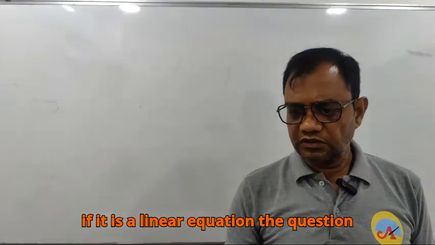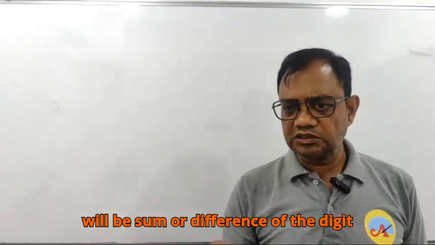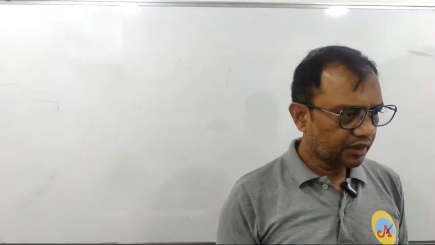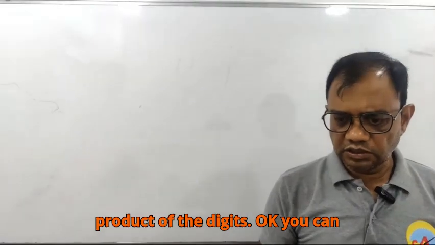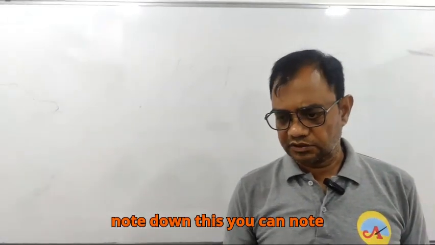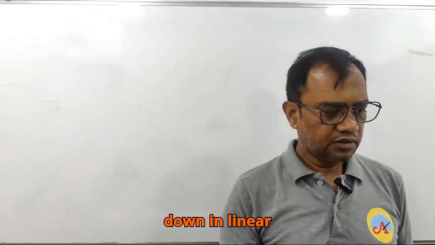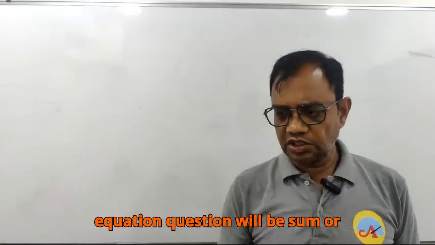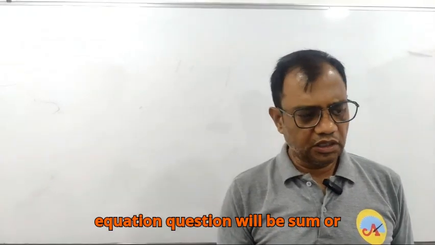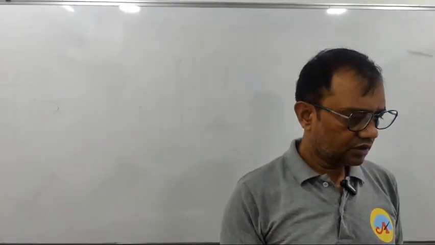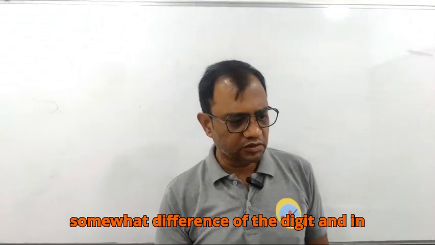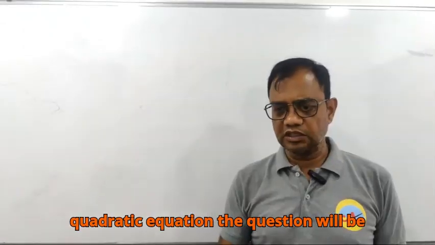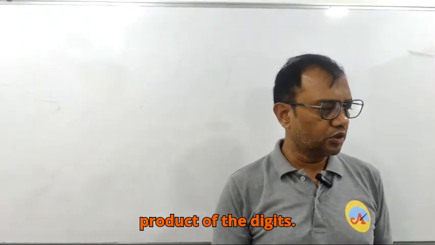So, if it is a linear equation, the question will be sum or difference of the digits. And when it is quadratic, it will be product of the digits. Okay, you can note this down. In linear equation, the question will be sum or difference of the digits, and in quadratic equation, the question will be product of the digits.